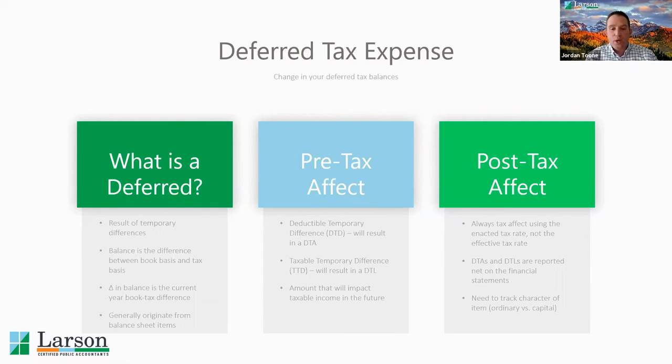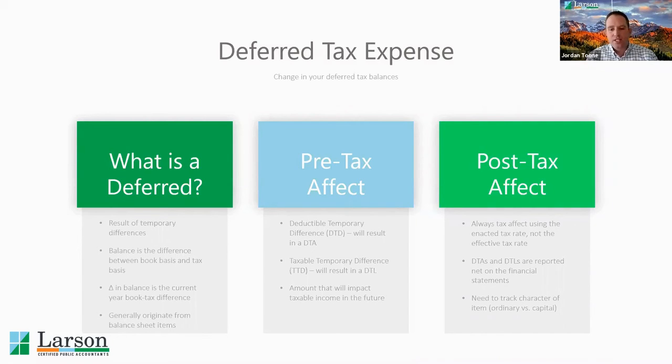When we valued these deferred items, these deferred tax assets and liabilities, we had to use the enacted tax rate. So on the 2017 financial statements, we used the 21% rate, even though the 2017 tax year was still using the 34 or 35% rate.